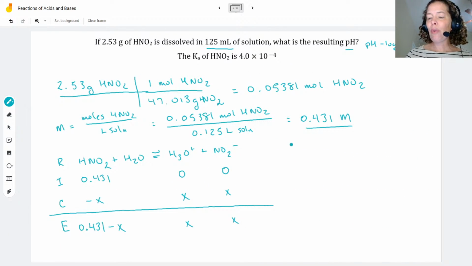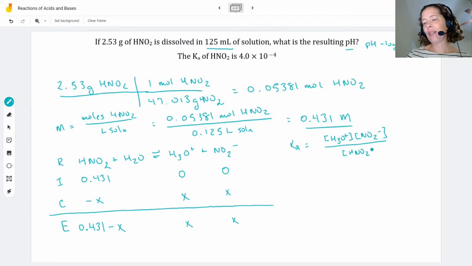So let me just rewrite my Ka here. Again, this is concentration of hydronium times nitrite over nitrous acid. All right, so I'm just taking these quantities and plugging them in.